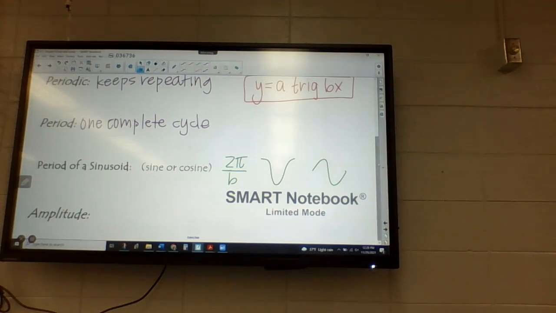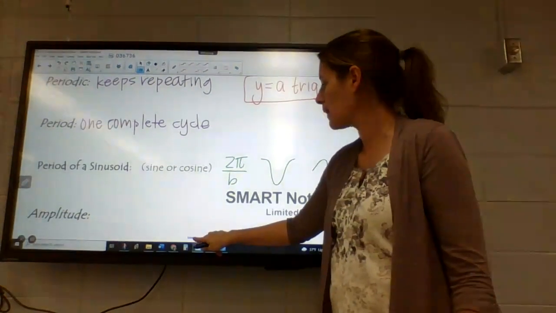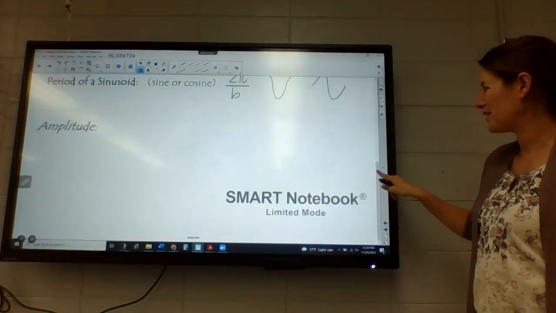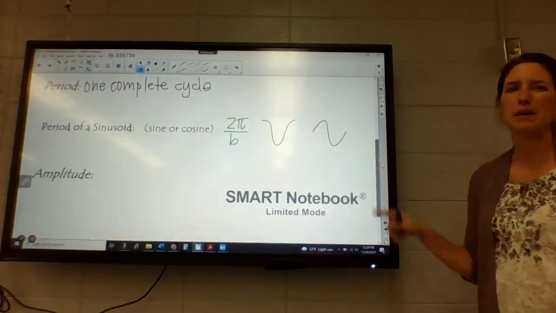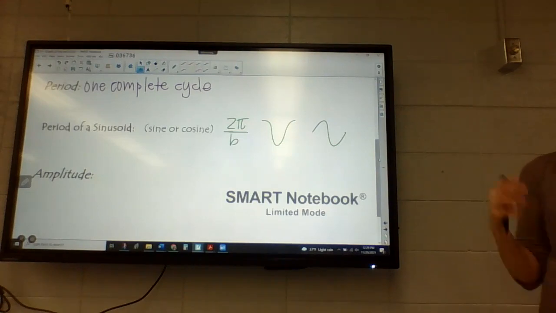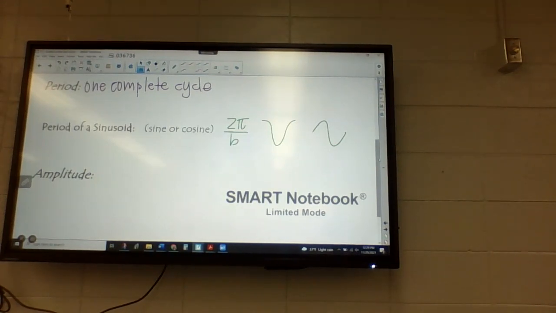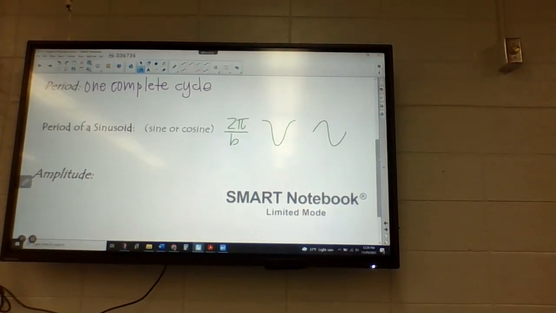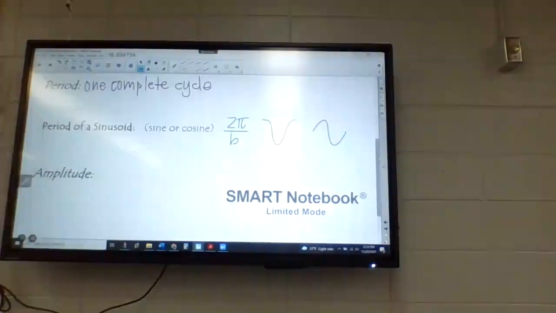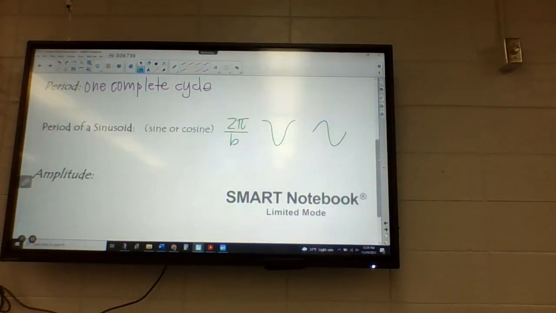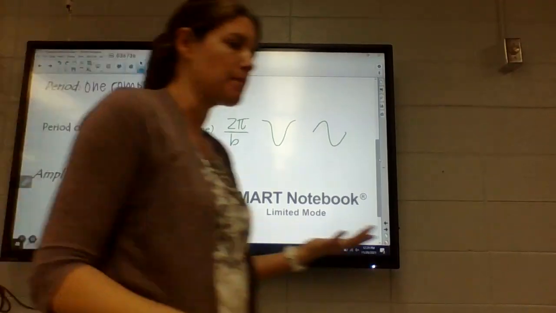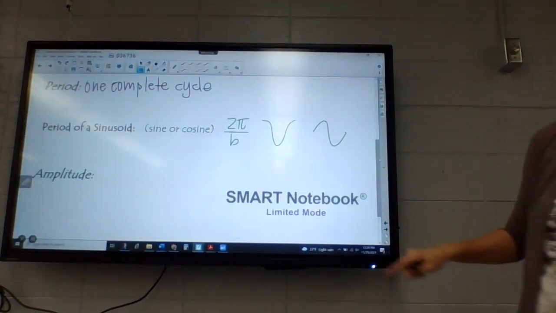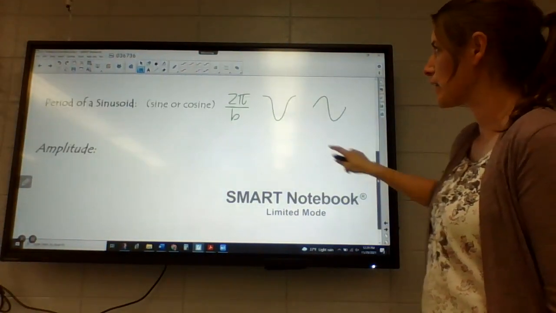The next thing is the amplitude. What do you think amplitude would be? Something to do with increasing, because you think about amplitude being increased. They talk about amplitude of waves a lot of times. That's how high it goes, how high or low our graph will go. I'll show you a quick drawing of what I mean.